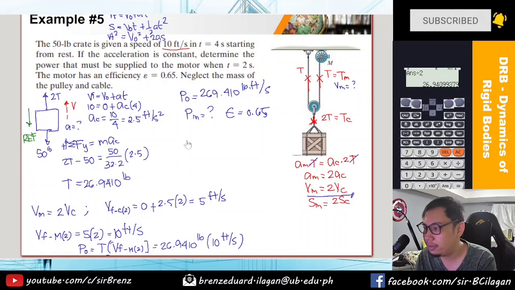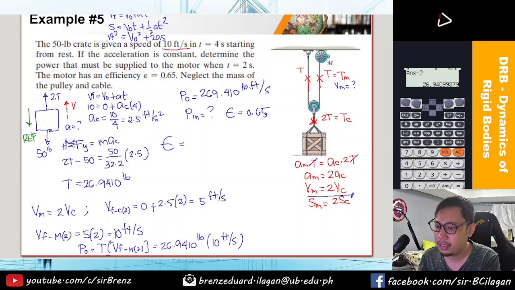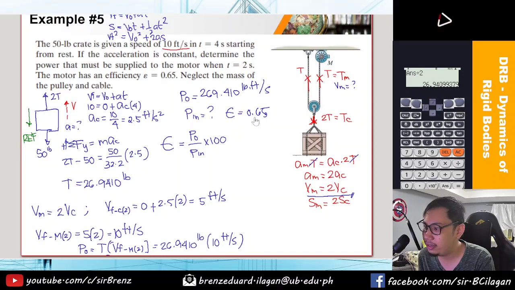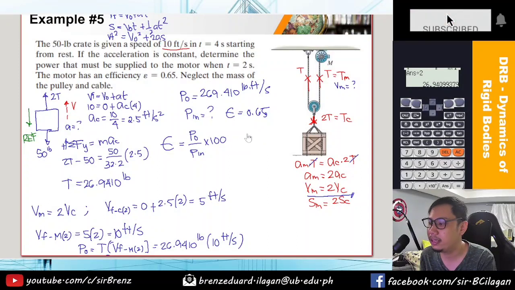Again, our formula for efficiency: efficiency is equal to output over input, times 100. But since this is already in decimal, because efficiency is usually in percent, this is 65%.